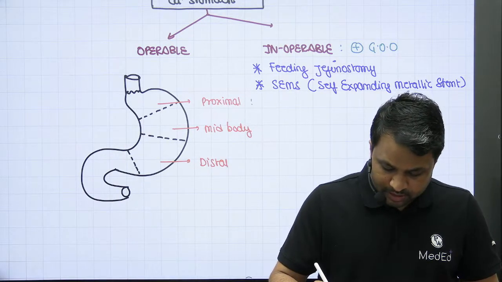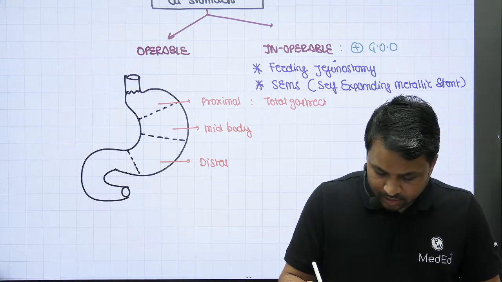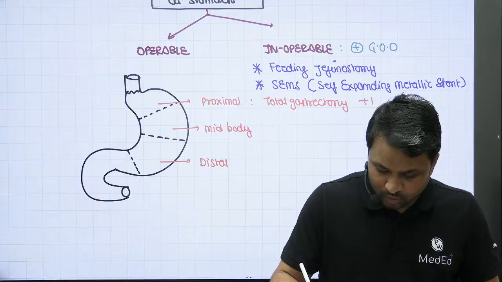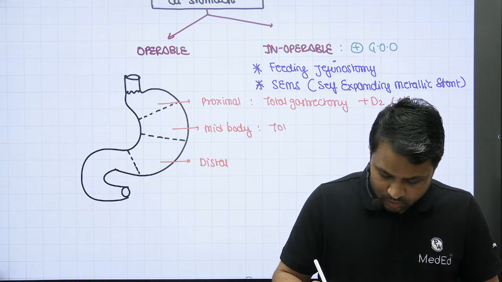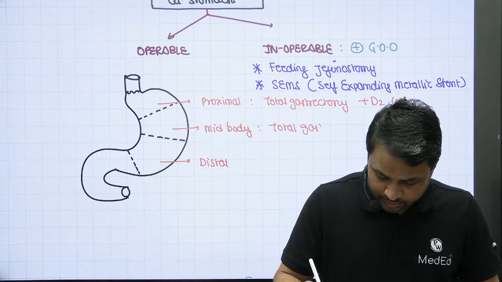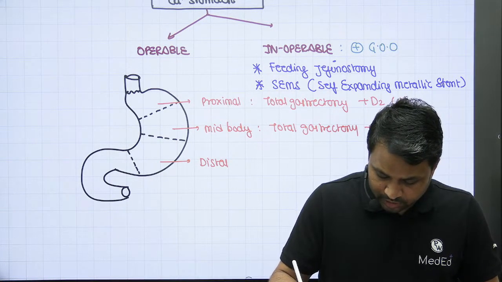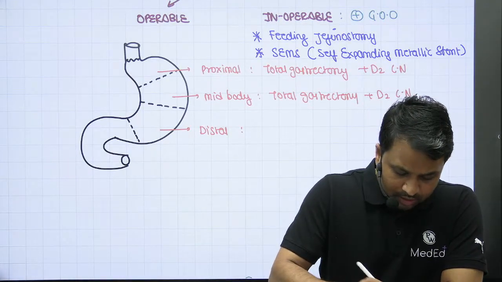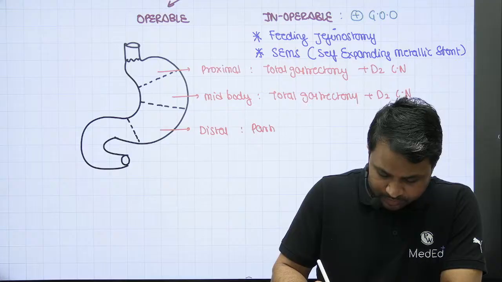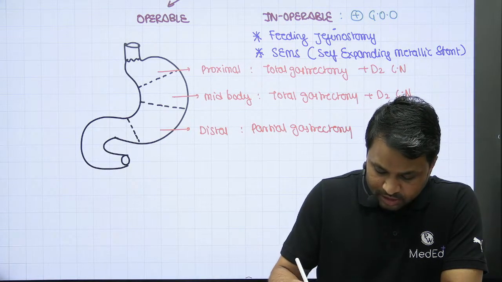For proximal stomach, it is going to be a total gastrectomy with D2 lymph node clearance. Mid-body will again go ahead with almost total gastrectomy, a total gastrectomy with D2 lymph node clearance. For distal, it is going to be a partial gastrectomy with D2 lymph node clearance, right?